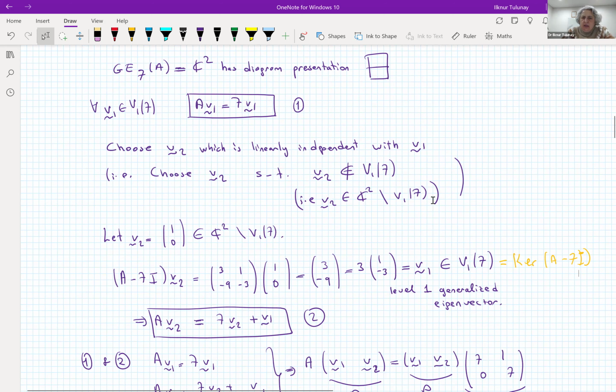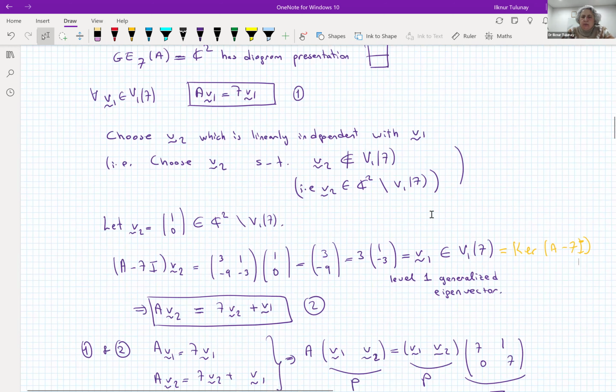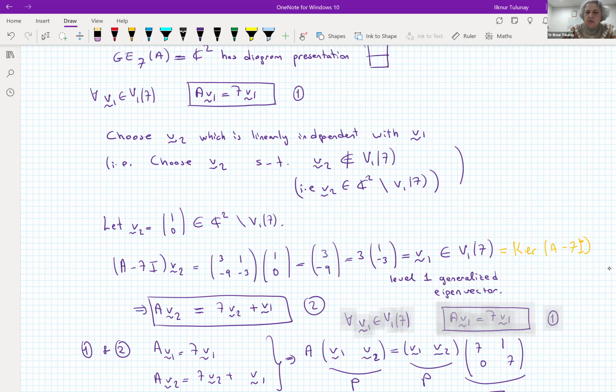I should have placed this equation somewhere here rather than there, because it is confusing later on. So this equation should be here.